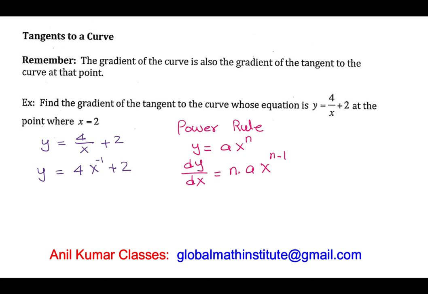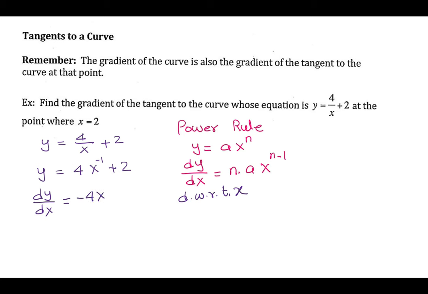So let's find the derivative with respect to x. So dy/dx, the derivative with respect to the variable x, will be, applying the power rule, minus 1 times 4. So I get minus 4 x to the power of minus 1 minus 1, which gives me minus 2.